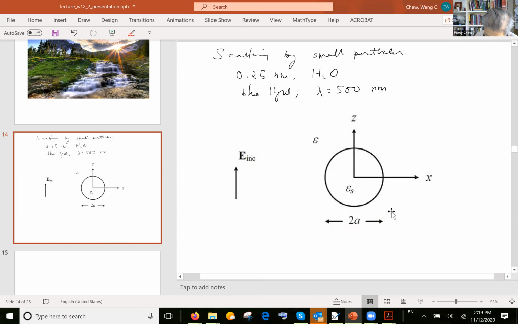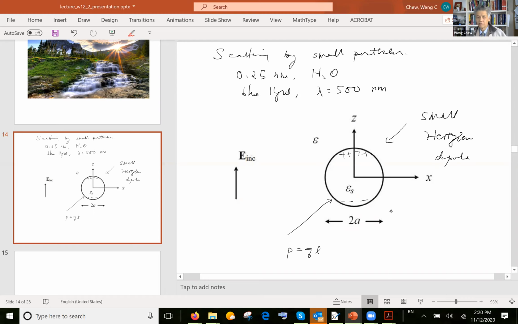Okay, so what you see is this dipole moment, and this dipole moment is created due to the fact that this electric field would drive positive charges to flow in that direction, and negative charges to accumulate on the other side, and this makes it look like a small Hertzian dipole. So it's so small compared to wavelengths, it's no different from a Hertzian dipole.